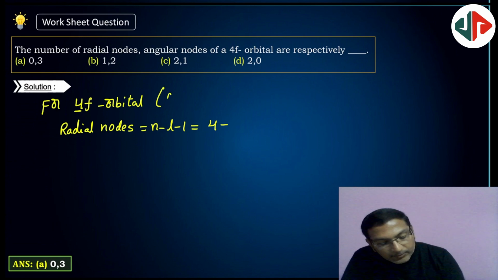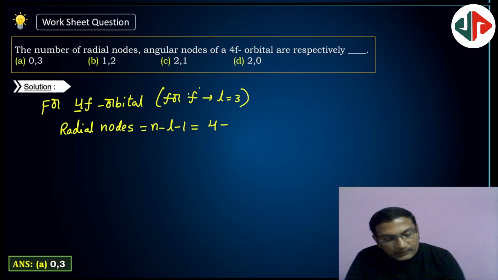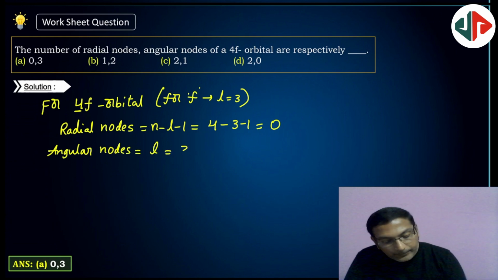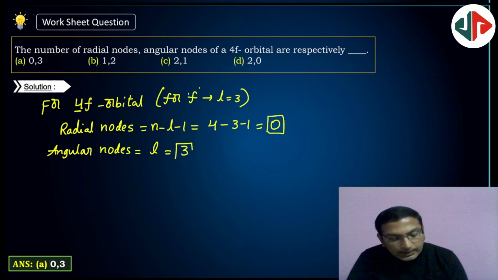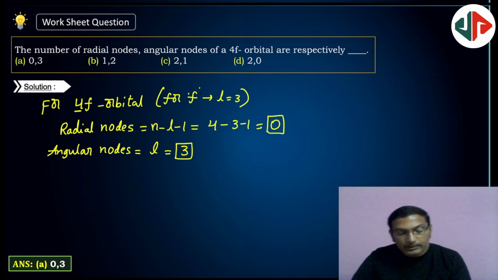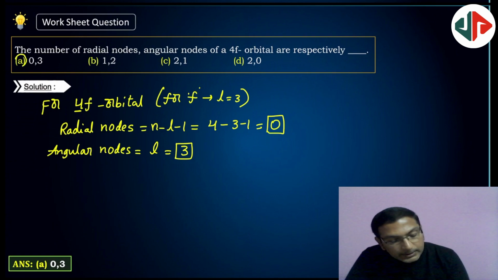So for F, L equal to 3. 4 minus 3 minus 1, that is 0. Next, angular nodes. Angular nodes equal to L. L is 3. Radial nodes 0. Angular nodes 3. So option A, 0, 3.